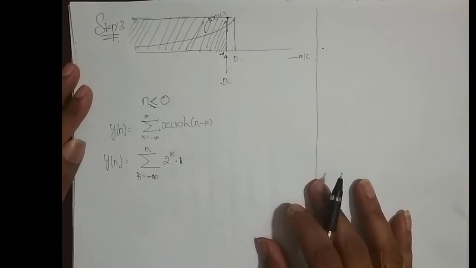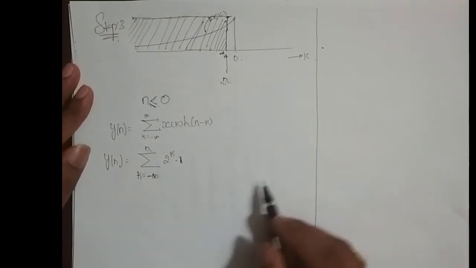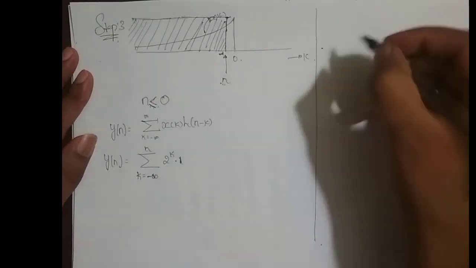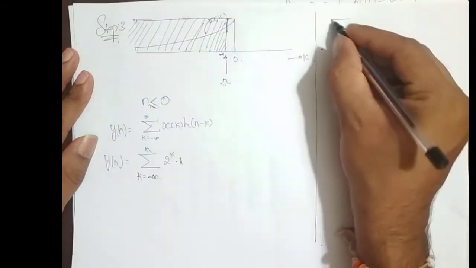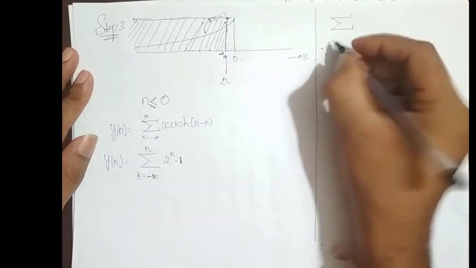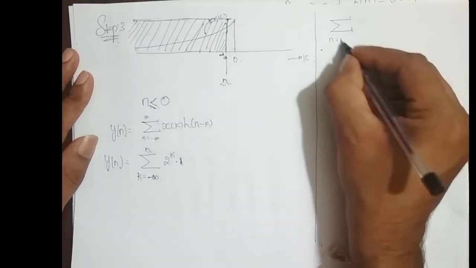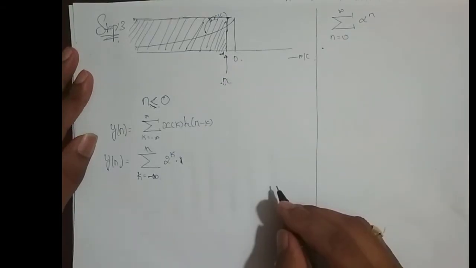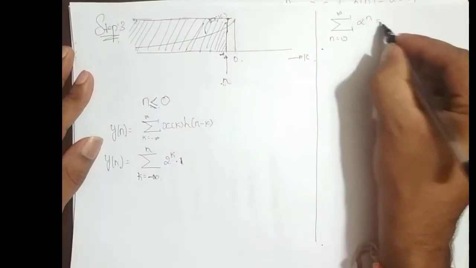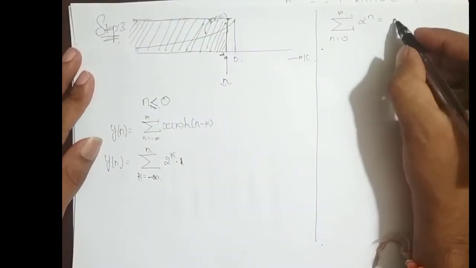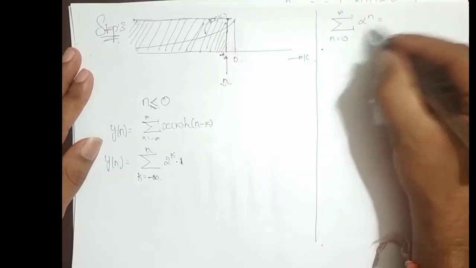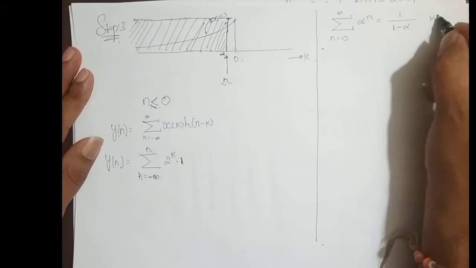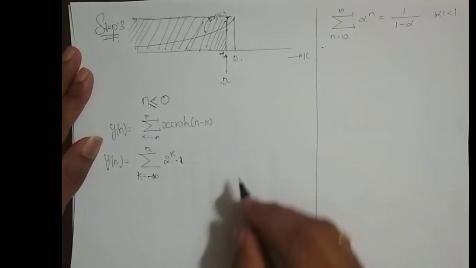Okay. Now this is a little bit lengthier. We need to simplify this. In order to simplify this, I need to bring this in a standard form. And what is that standard form? Standard form is summation n varying from 0 to infinity alpha power n. The result of this standard equation is that the infinite series is 1 divided by 1 minus alpha, and the condition is magnitude of alpha should be less than 1.